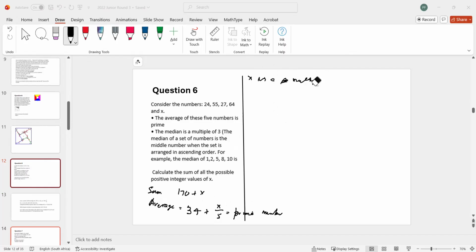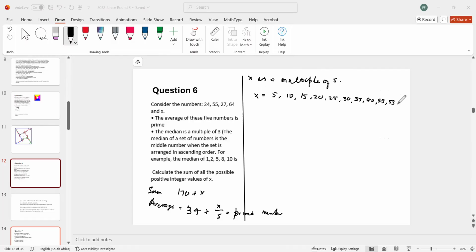Sorry, it's terrible writing. Let me write this again. x is a multiple of 5. Okay, so we can say x is 5 or 10, 15 or 20, 25, 30, 35, 40, 45.